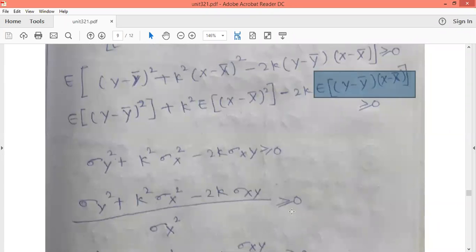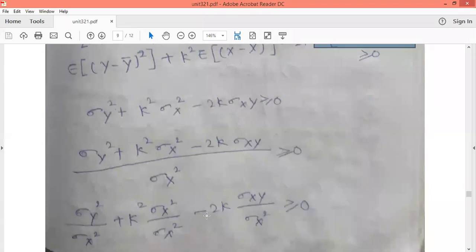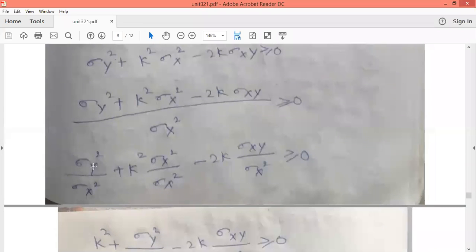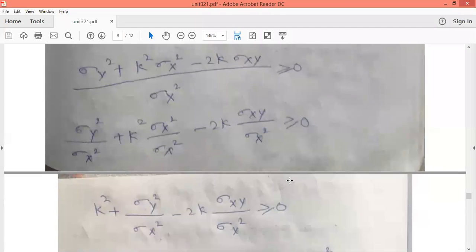Now we divide this equation by sigma x square, okay? If you divide, you still get a positive value only. So if you divide it, what do you get? Sigma y square by sigma x square plus k square sigma x square by sigma x square minus 2k sigma xy by sigma x square, greater than or equal to 0.